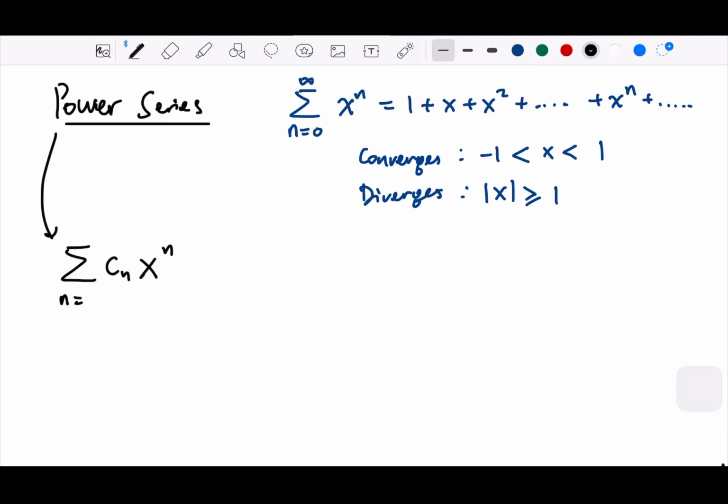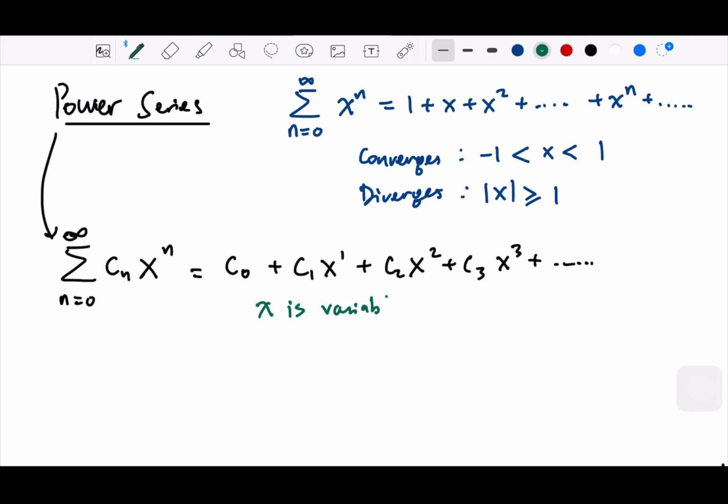So let's say it starts from 0 to infinity, and this will be c0 plus c1 x plus c2 x squared plus c3 x cubed plus and so on. And again, we have x as a variable, and cn is constant. We call this the coefficient of the series.